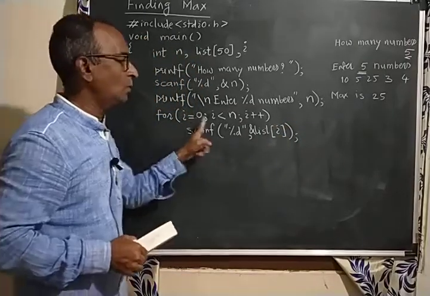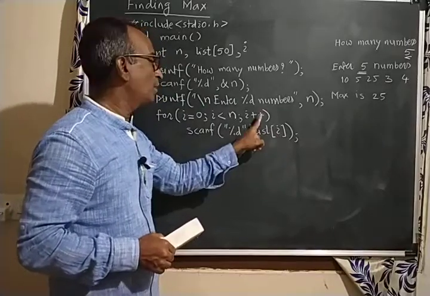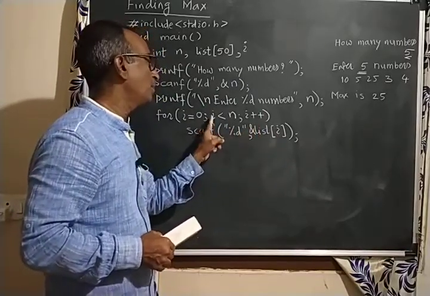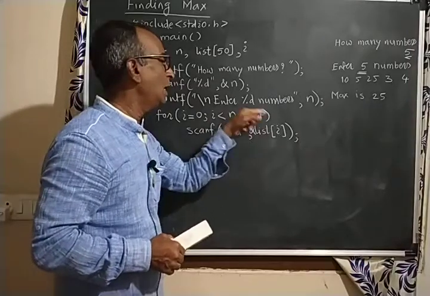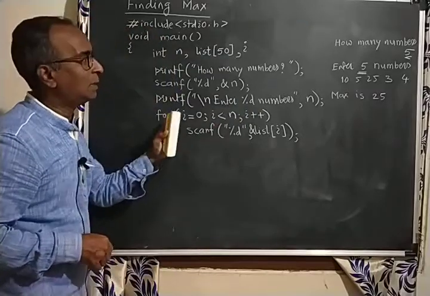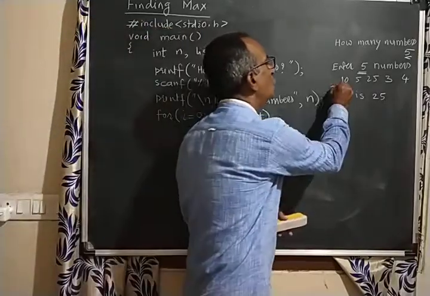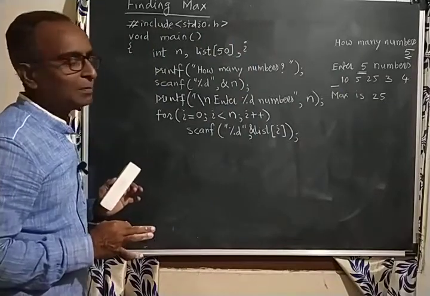When i is 0, list of 0, the first element will be stored. i plus plus, it will be 1, and 1 is less than n, yes. List of 1, it will read the next number. Like that, it will read all these n numbers. This reading is over. Now you want to find the maximum, right?